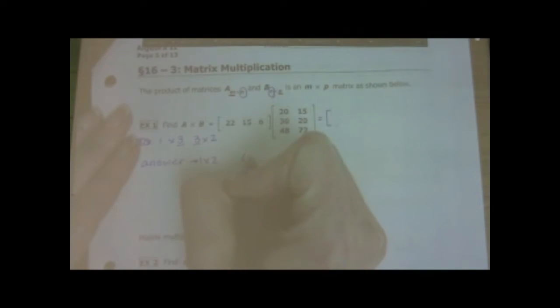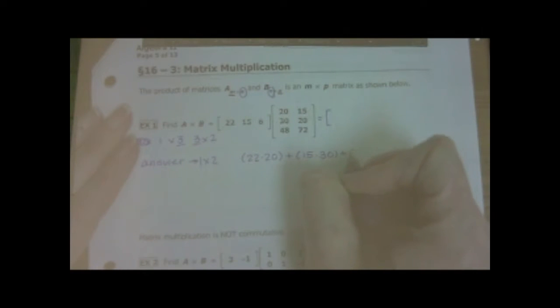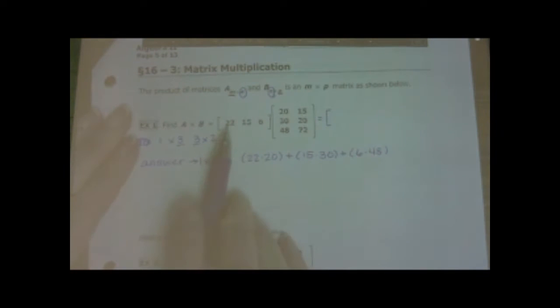So this is 22 times 20 plus 15 times 30 plus 6 times 48. So it's this times this plus this times this plus this times this. That is what goes right here.